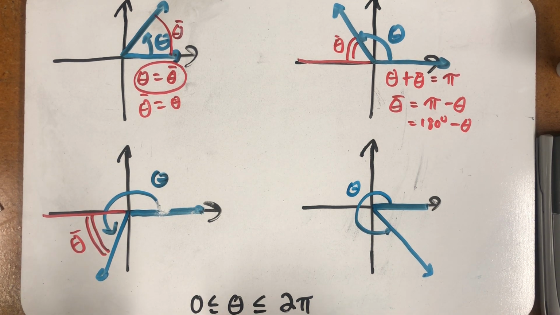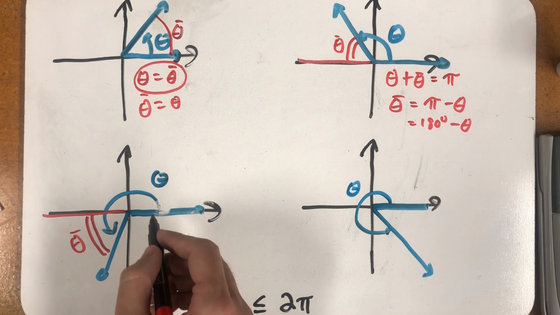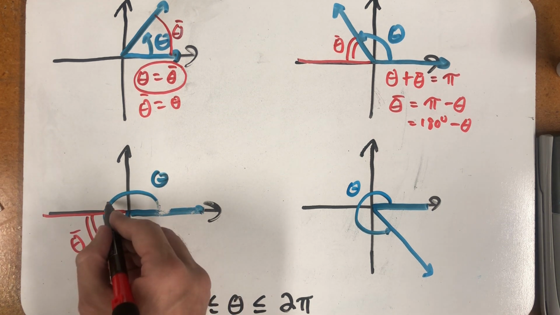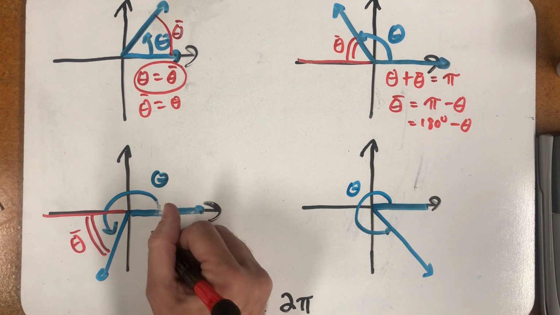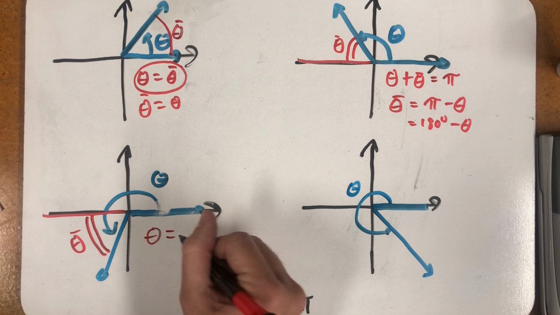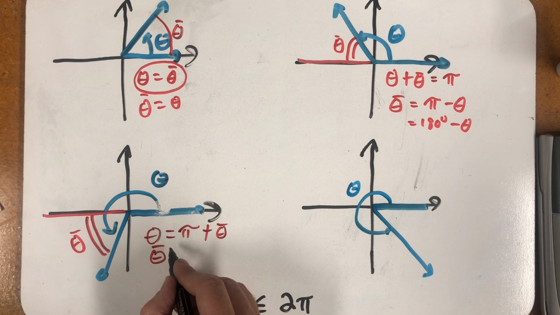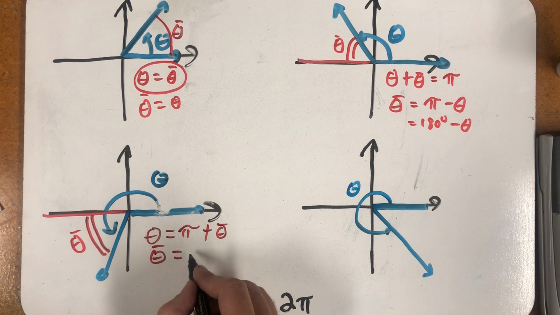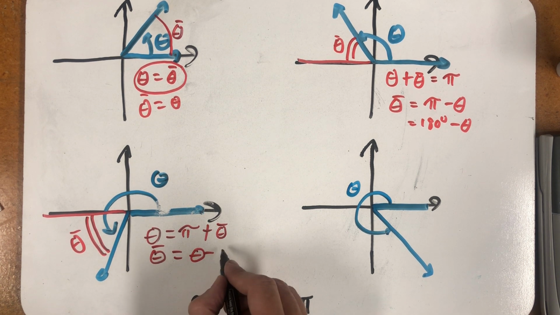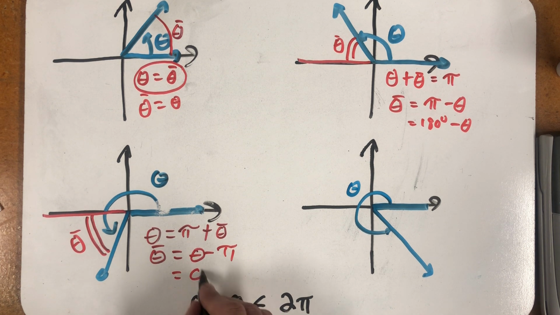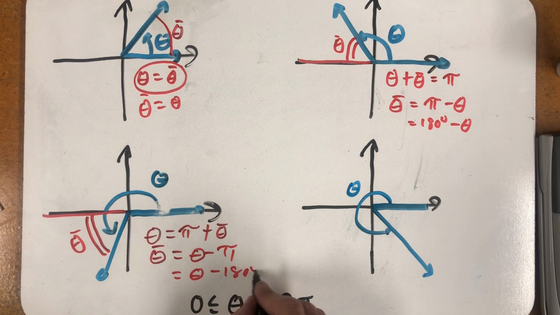And what I'm going to observe is that if I went pi radians and then theta bar more, I've ended up at theta. So I could write that theta is the same as pi plus theta bar. Taking pi away from both sides, I get theta bar is equal to theta minus pi. And if I wanted to work in degrees, theta minus 180 degrees. And so there's that relationship.